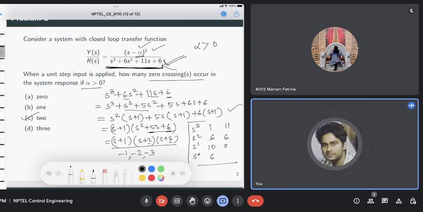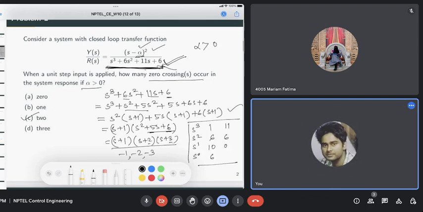So this also can be verified. So the system is asymptotically stable, and for that system the number of positive half plane zeros will determine how many times it will cross the zero. So we have two positive half plane zeros, so for the unit step response it will cross the zero twice, right?